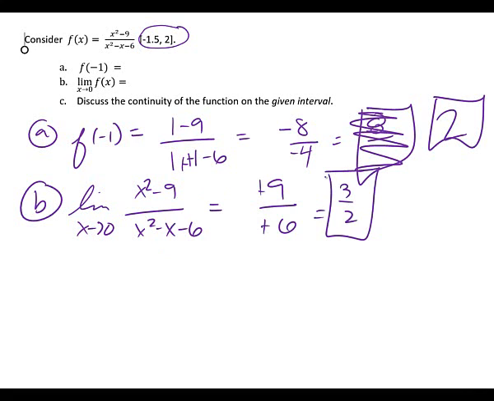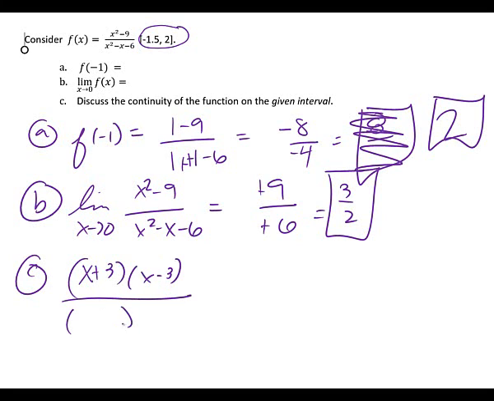Okay. So we now need to discuss the continuity of the function. The continuity of the function means, does it factor and is there anything that cancels out, right? So what does the numerator factor into? Right, x plus 3, x minus 3. All right, what does the denominator factor into?